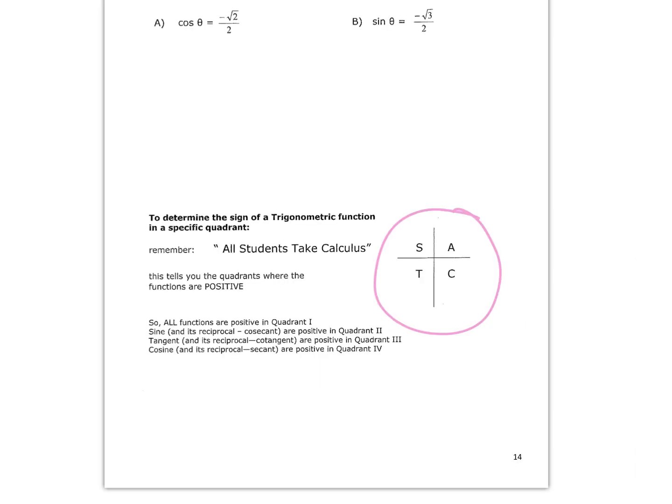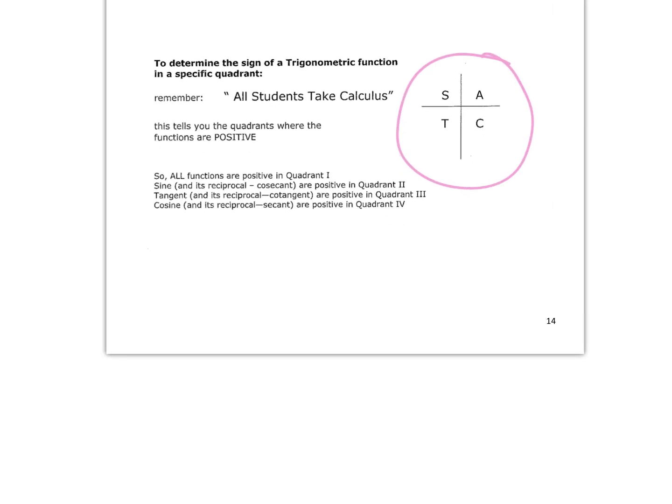Okay, the next page, I want to share just a visual. You've already seen this, I've already talked to you about this, but I want you to add something down on the bottom of the page. I think for some of us who are visual learners, it helps to see.